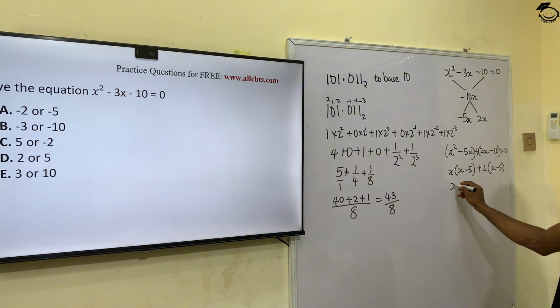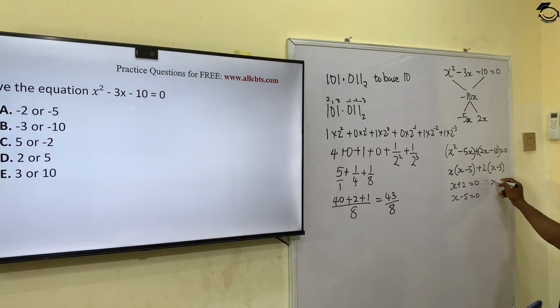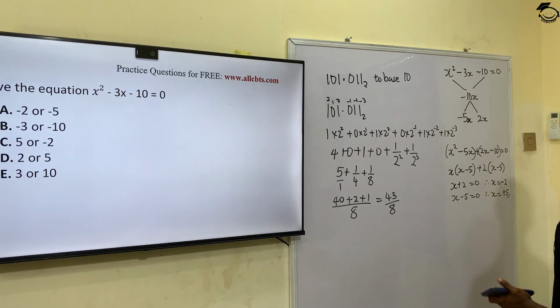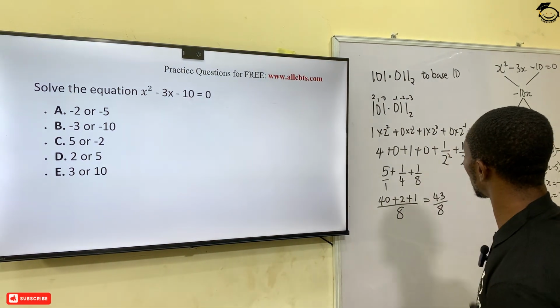So x plus 2 equals 0 and x minus 5 equals 0. Therefore, our x equals minus 2 and our x equals plus 5. So the value of x would be minus 2 and plus 5, which is our option C.